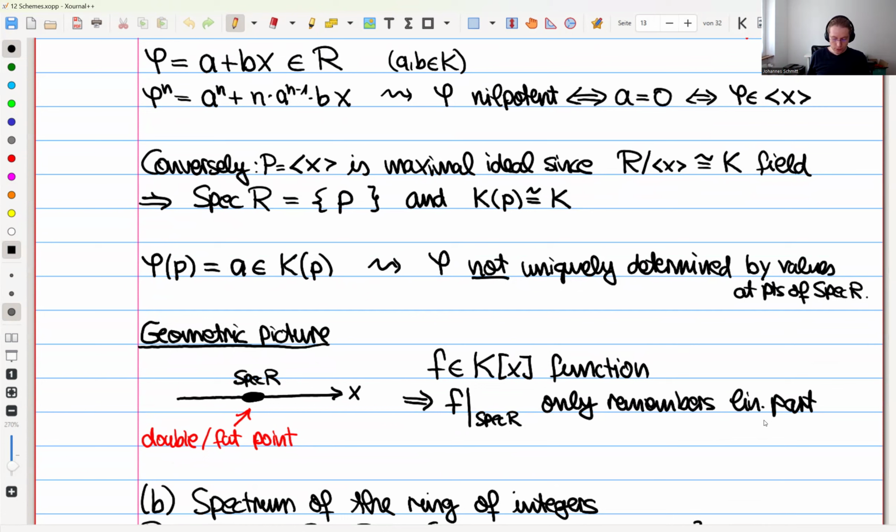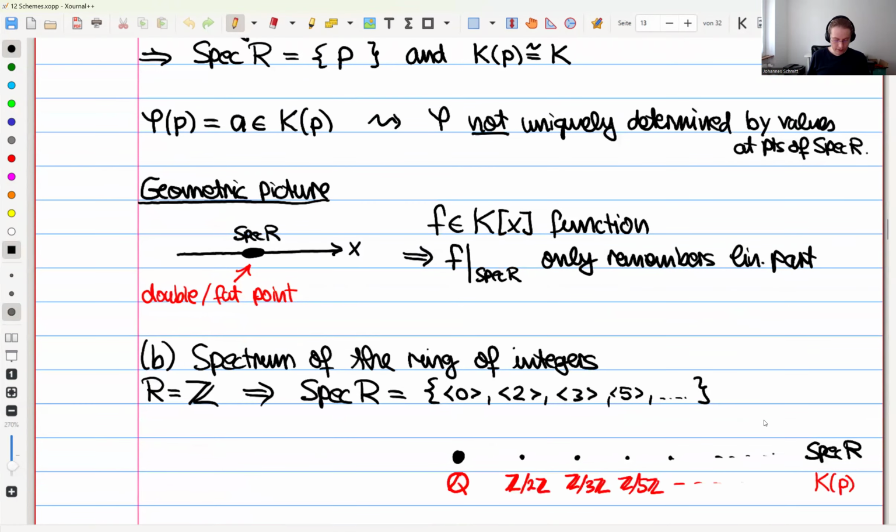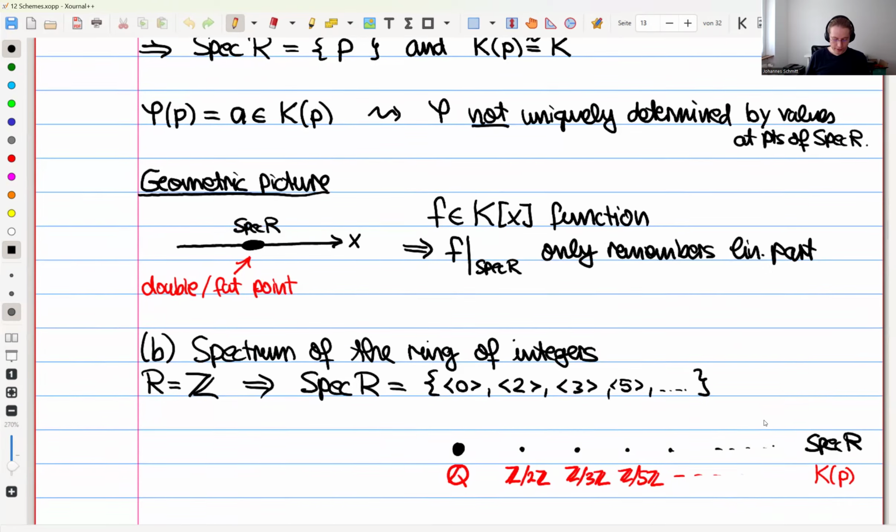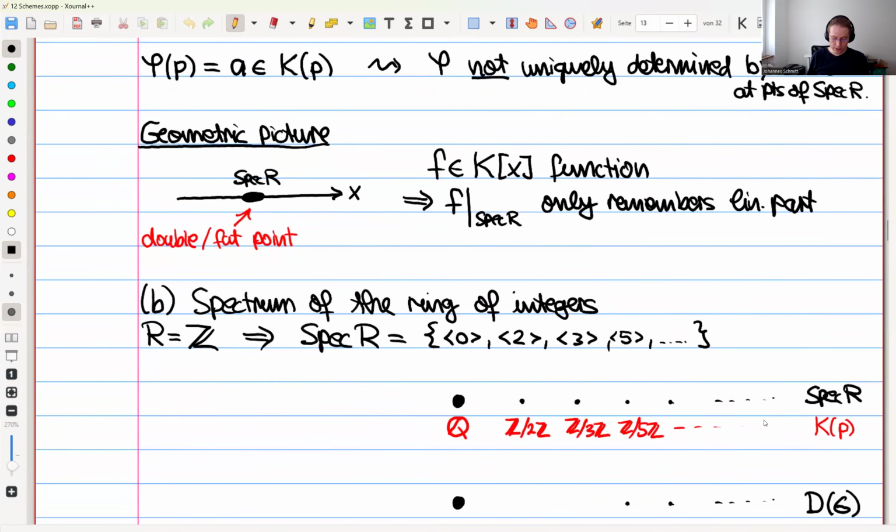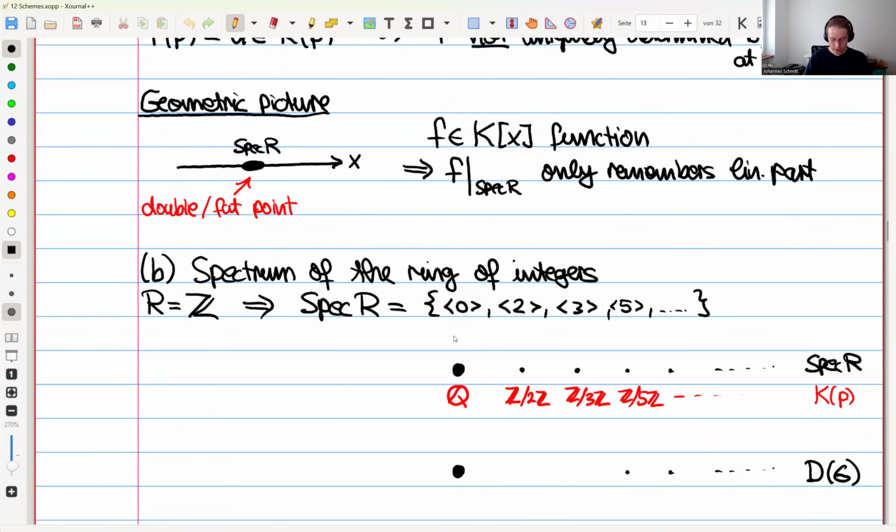Okay, this was one example which has nilpotent elements, and then another, a very basic ring that all of us know for a long time is just the integers. And so the spectrum of the integers, the set of prime ideals we have already seen: we have 0 and then 1 for each prime number.